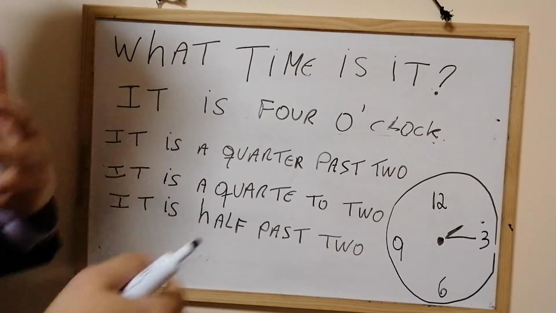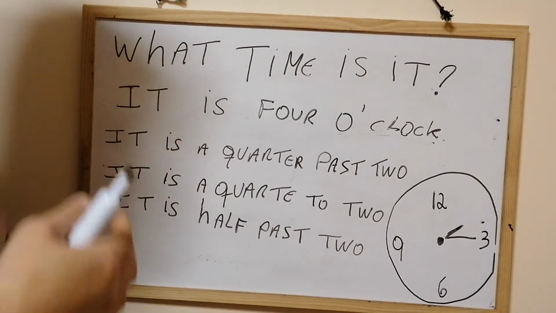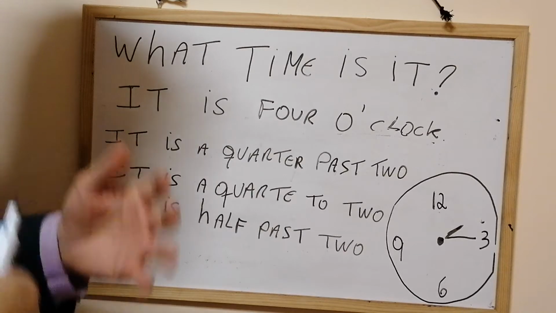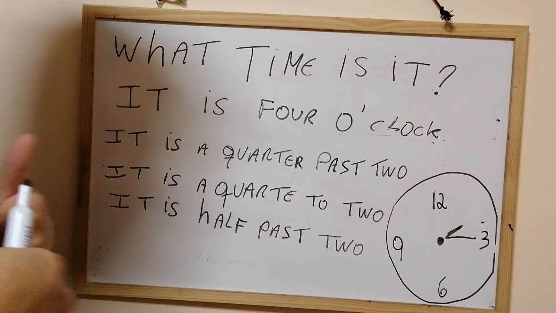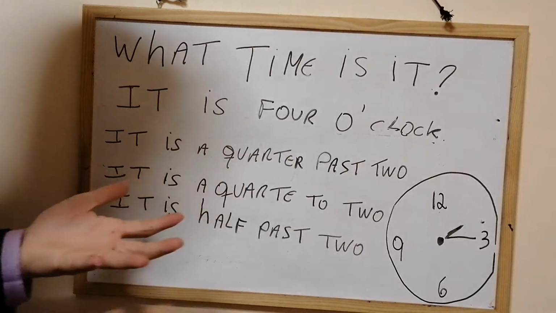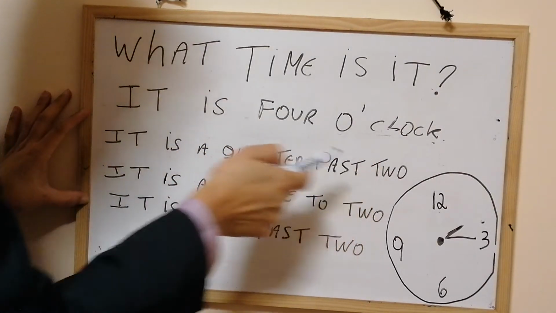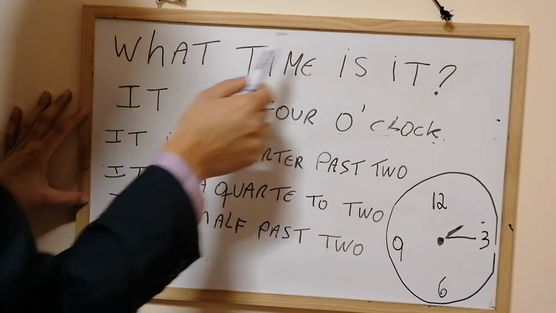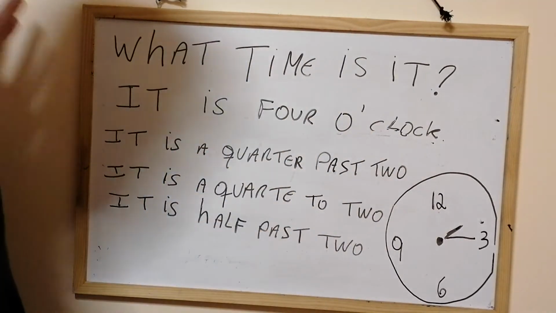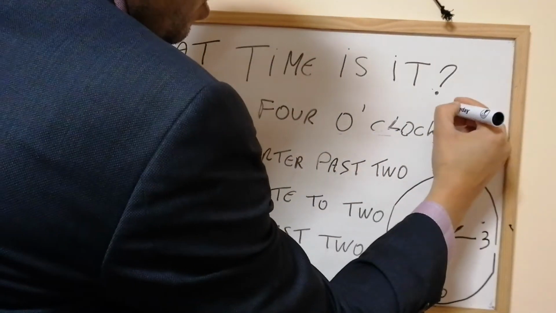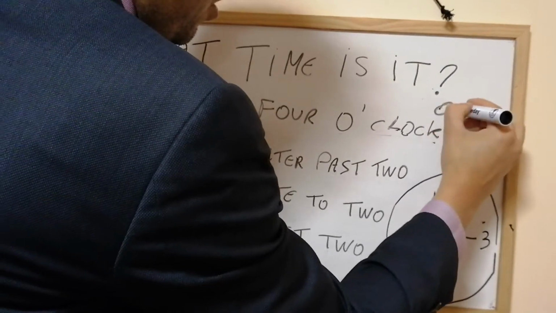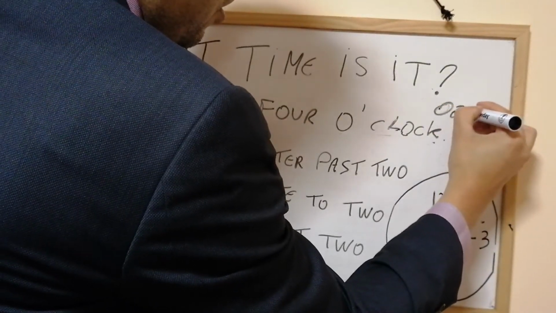But in our daily routine, you can hear the expression: it is a quarter past 2. If they ask you what time is it, and it is, let's do the number here and then you can understand.